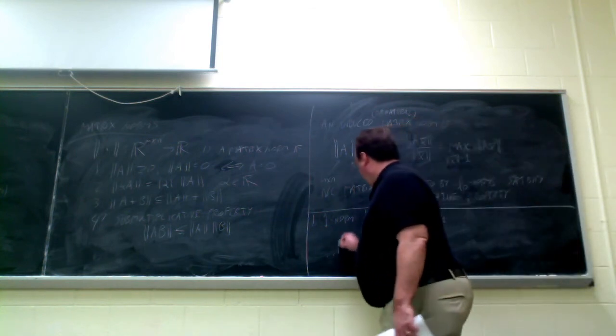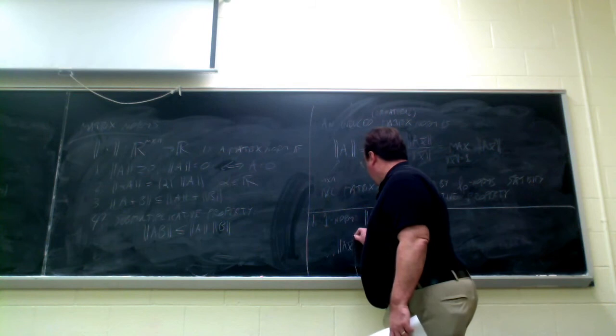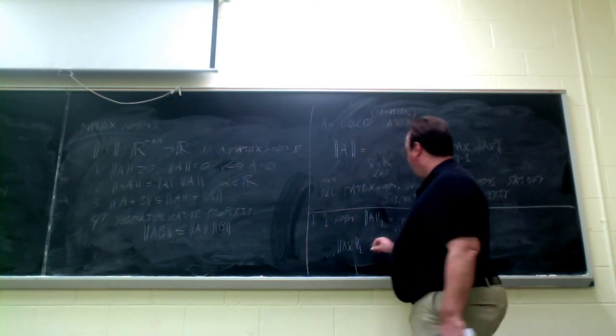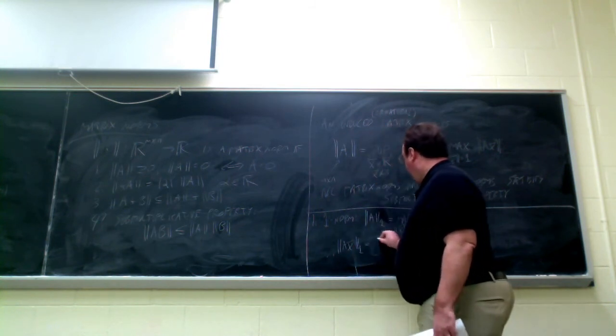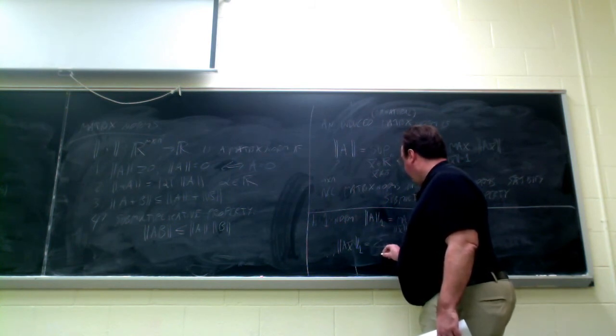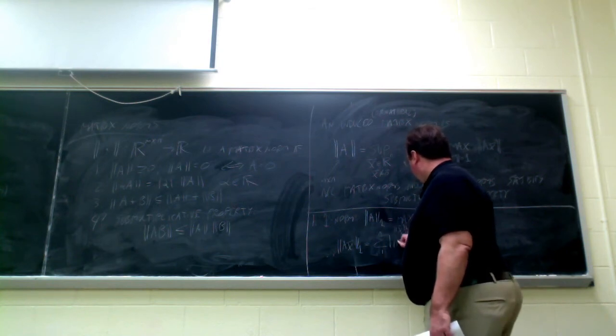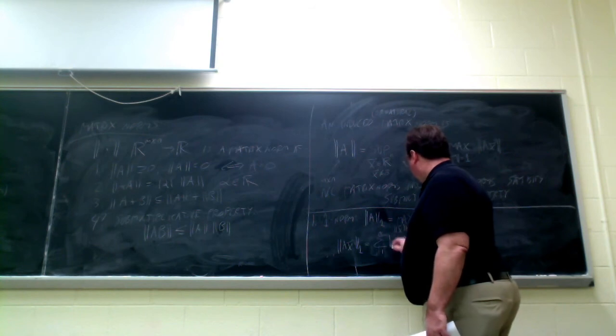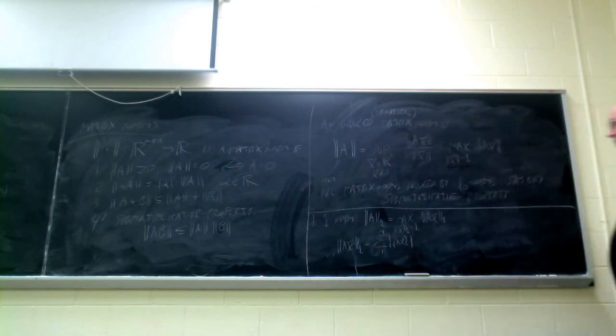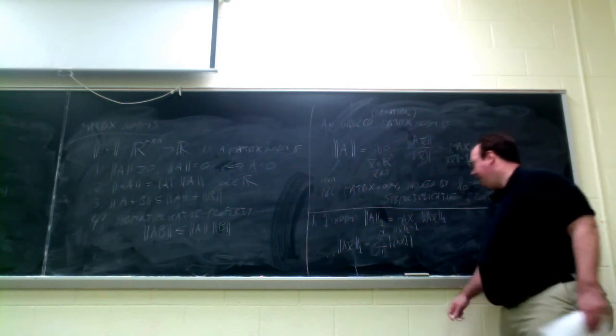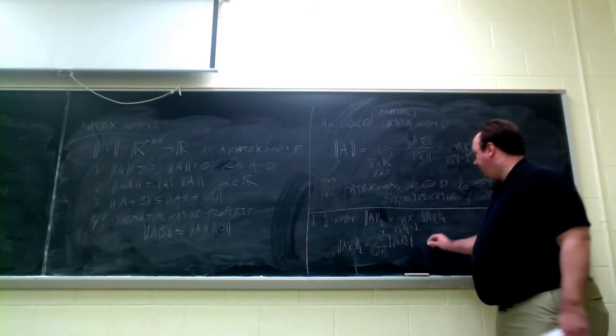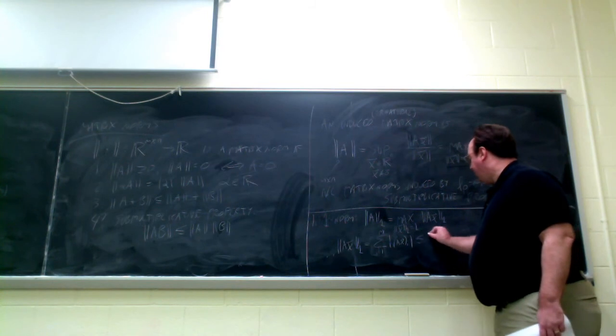So the one norm of Ax is defined to be the sum of the absolute values of all the components of Ax. Now A is an m by n matrix, so Ax is a vector in R^m.